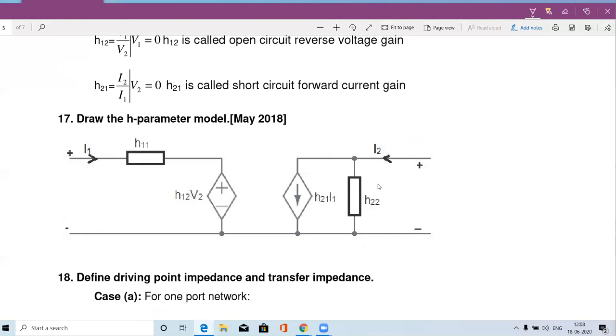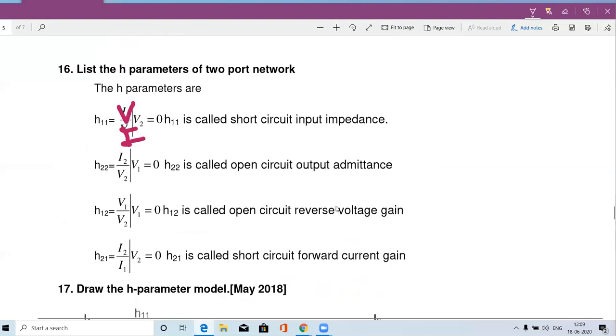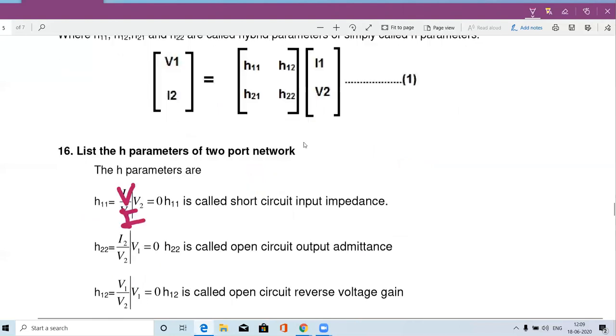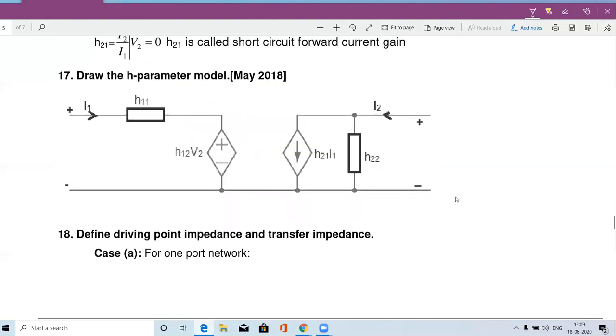Here the KCL equation: the current I2 equals H21 into I1 plus H22 into V2. So this is the H parameter model for the two-port network. This is an impedance, this is a dependent voltage source, this is a dependent current source, and this is an admittance. So this is the hybrid H parameter model.